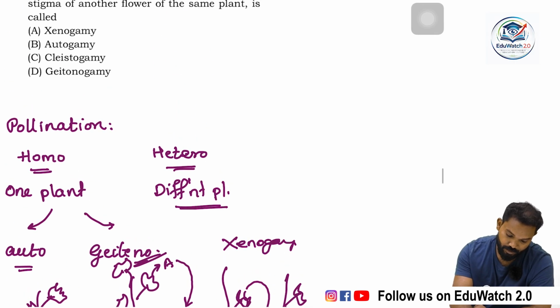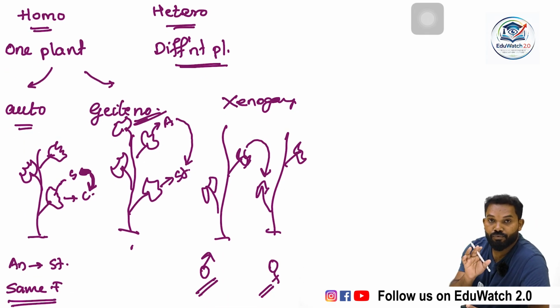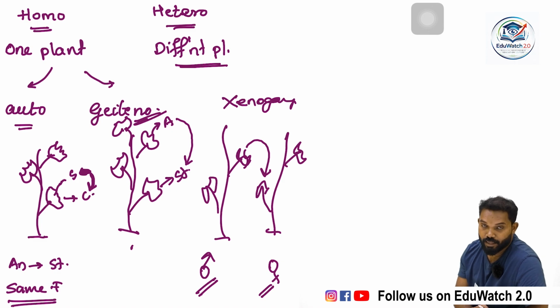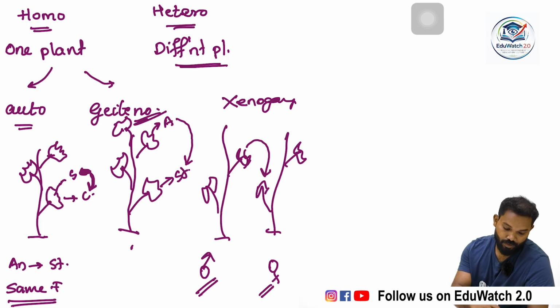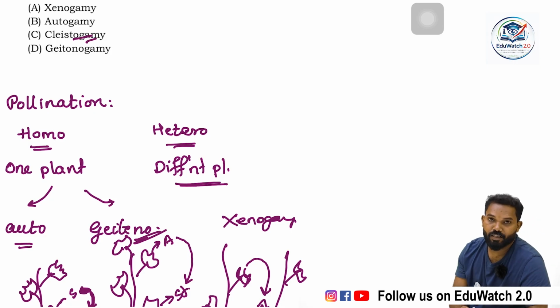So autogamy: pollination takes place in one flower. Geitonogamy takes place in two flowers of the same plant. Xenogamy takes place in two flowers of two different plants. Then there is another process known as cleistogamy.